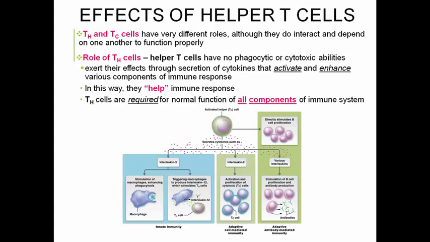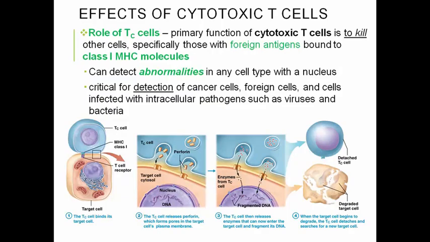They're required for normal function of all components within the immune system. So again, some of the cytokines that we'll talk about are the interleukins that are much more part of the chemical pathway, the biochemical pathway. Our cytotoxic T cells, again, cytotoxic because they can actually kill other cells.